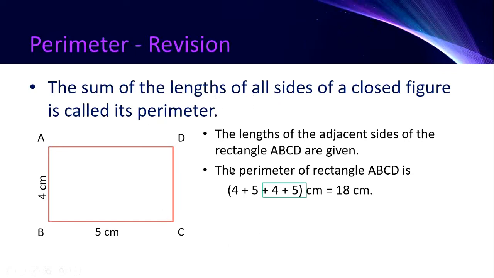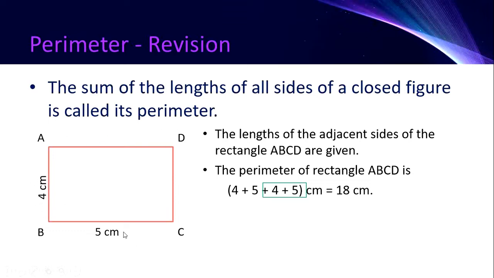So the perimeter of rectangle ABCD is 4, that is AB, 4 centimeter plus 5 centimeter, the length of BC, plus the length of CD will be the same as the length of AB. So this will be 4 centimeter. Therefore, 4 plus 5 plus 4, the length of CD, and the length of AD will be 5 centimeter.